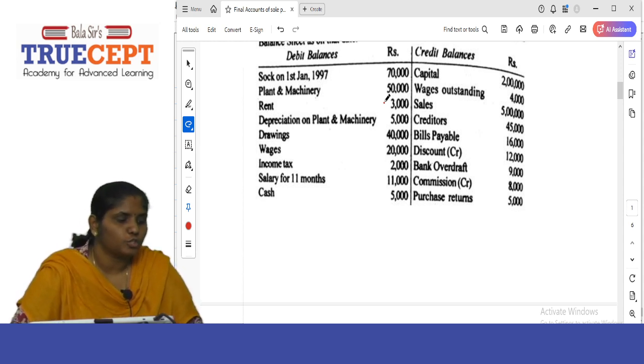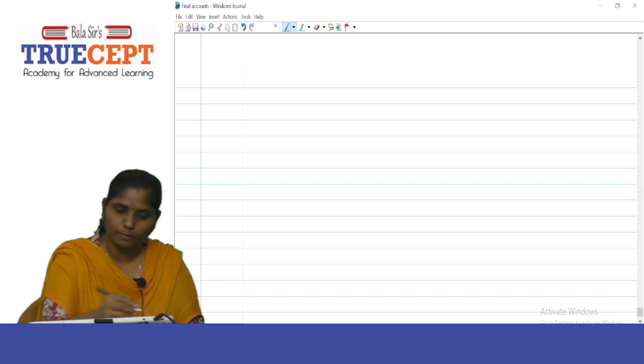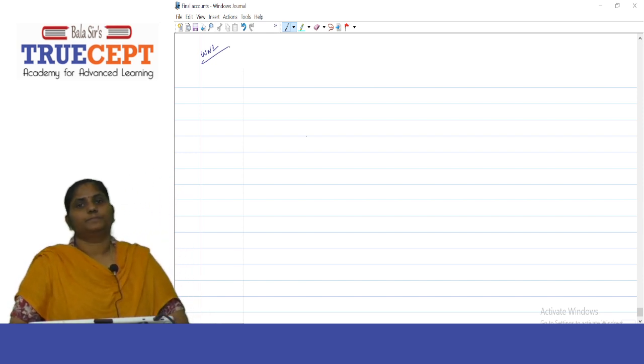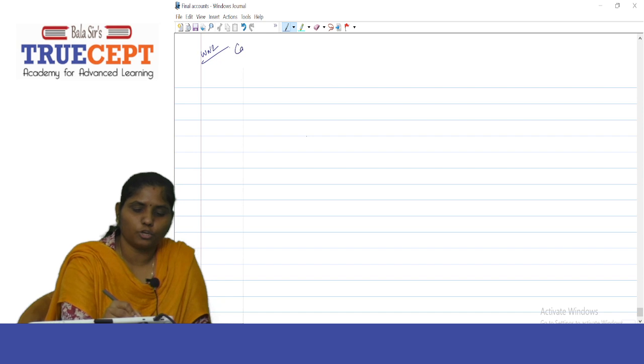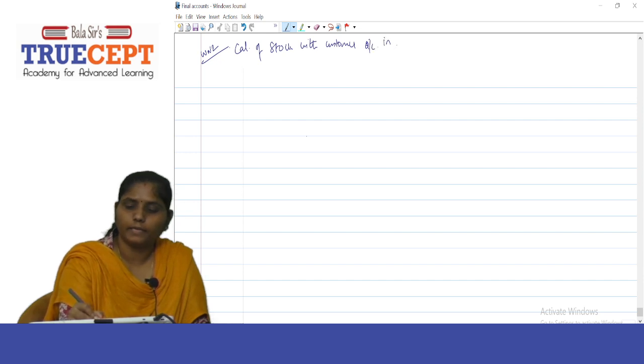What is that? Stock with customer. Working note number 2. Now, calculation of stock with customer account in sale or return transaction.